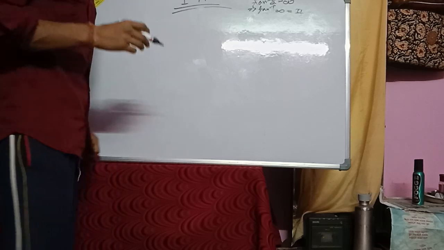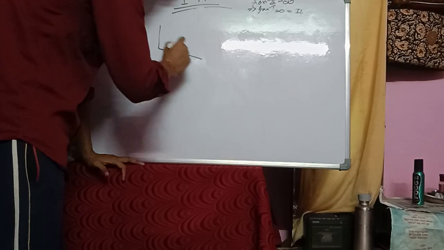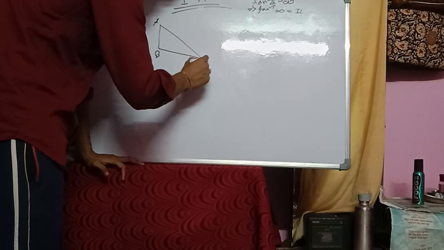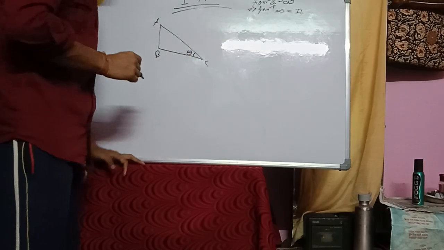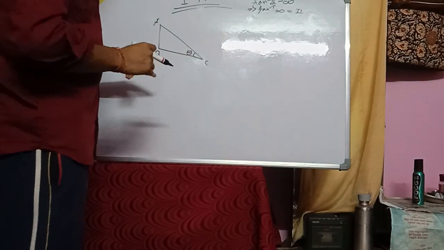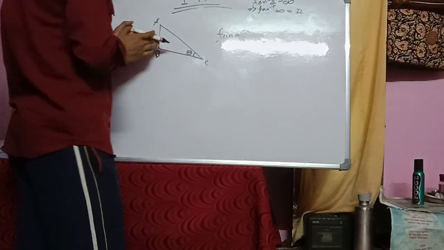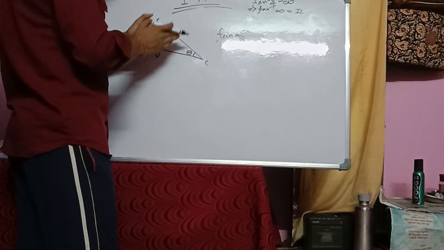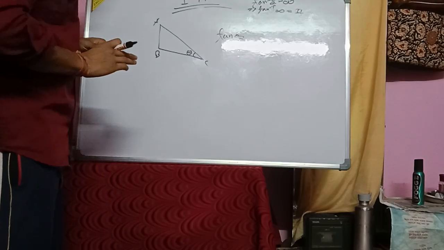So trigonometry is again about right angle triangles. So let's have a right angle triangle here, ABC, whose angle C is theta. Now tan theta gives us the ratio of the length to the base from the perspective of this angle theta.